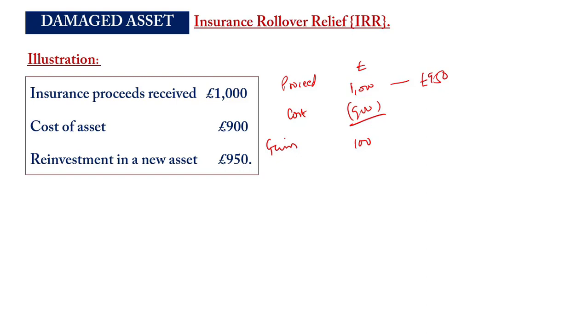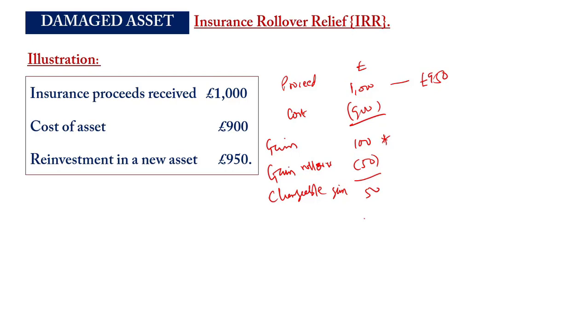So the chargeable gain that is taxable will be 50, and the gain rolled over will now be 50. If they had purchased the reinvestment at 1,000, then this entire 100 would have been rolled over.